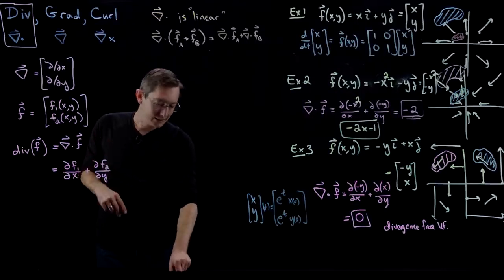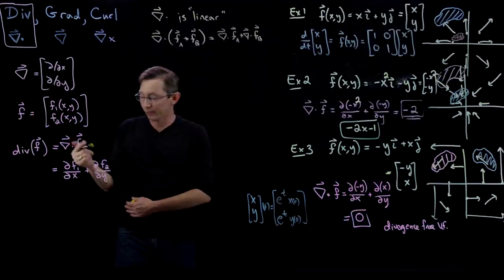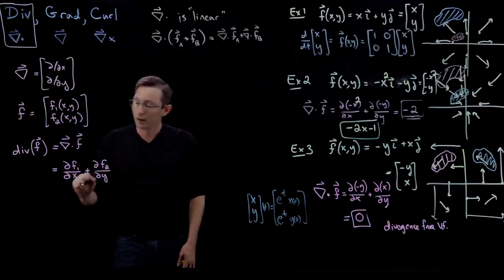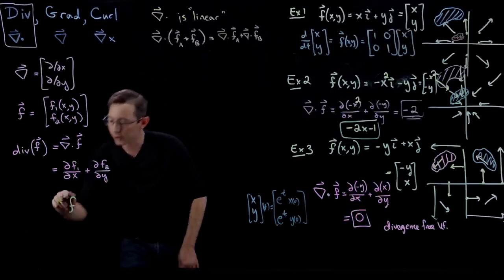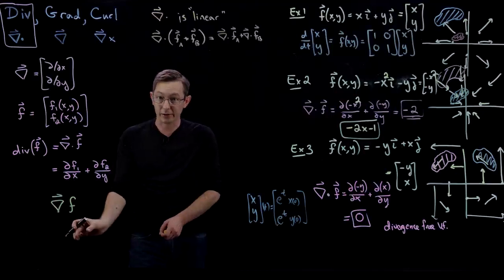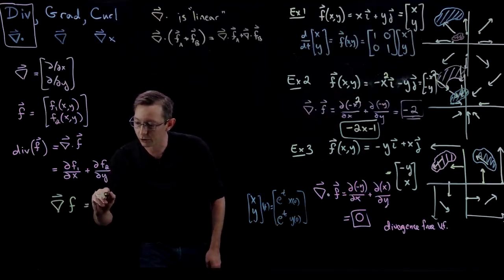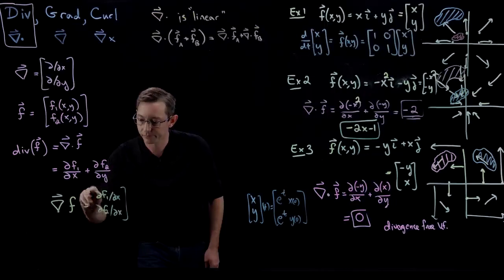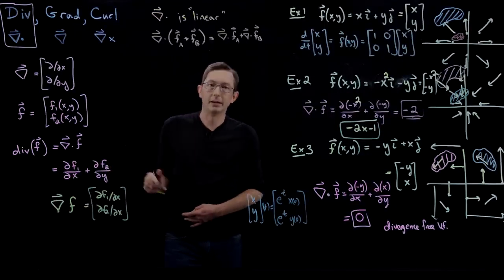Now, the last thing I want to show you is what happens if I take a scalar function. Remember, I can take the gradient of a scalar function. So I can take my regular old scalar function f, and if I take the gradient of it, now I have a vector valued function. So what if I take the divergence of the gradient?